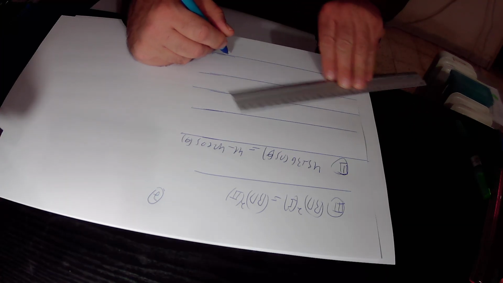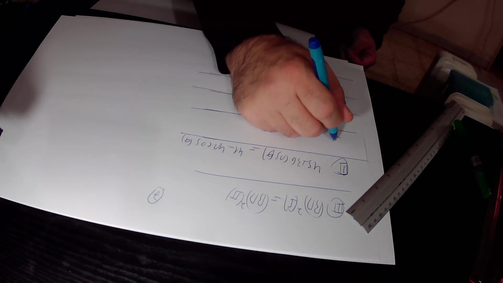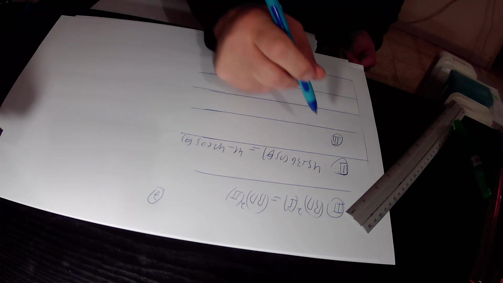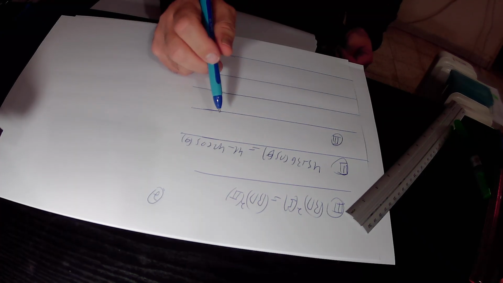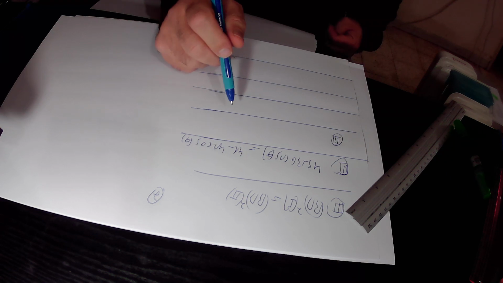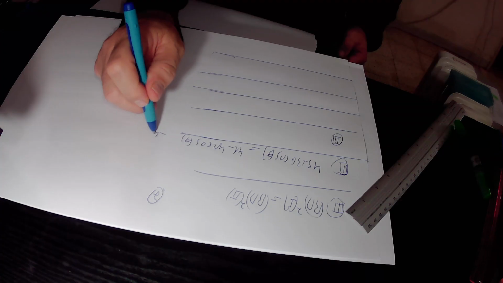So according to equation 3, we found out that 45 plus 36 cosine alpha equals 41 minus 40 times cosine alpha. So here we subtract 41 from both sides of equation 3.